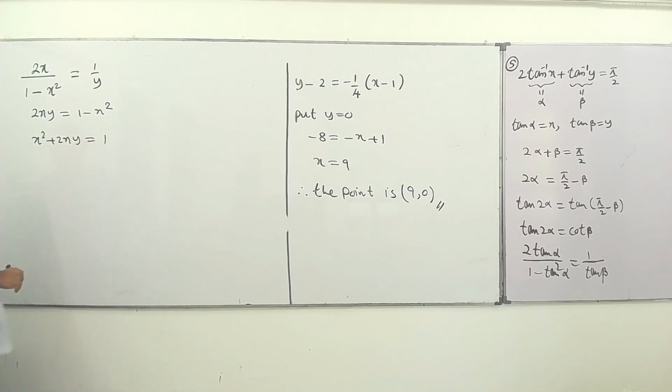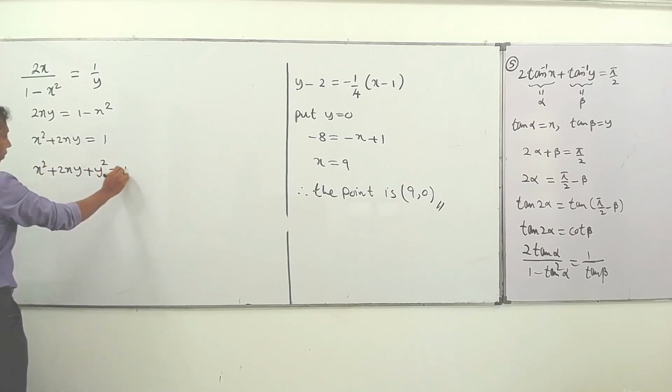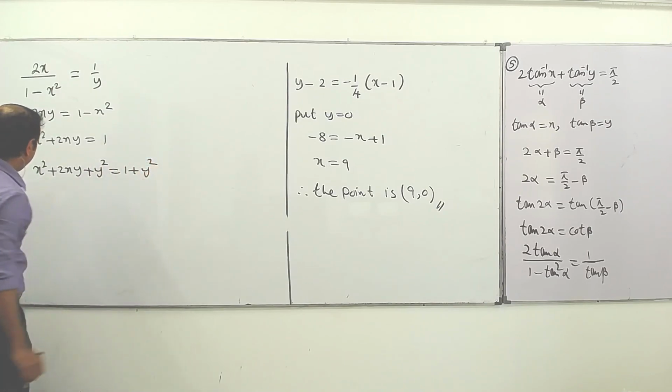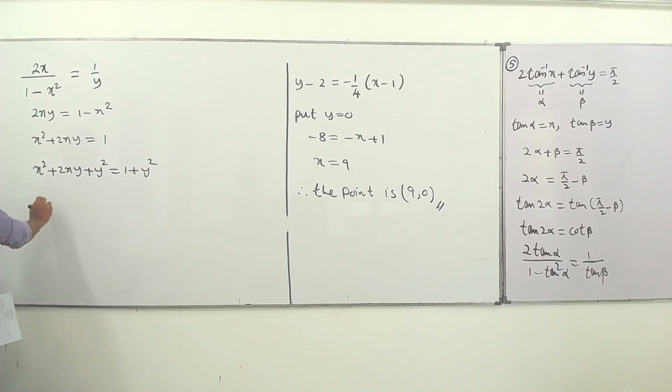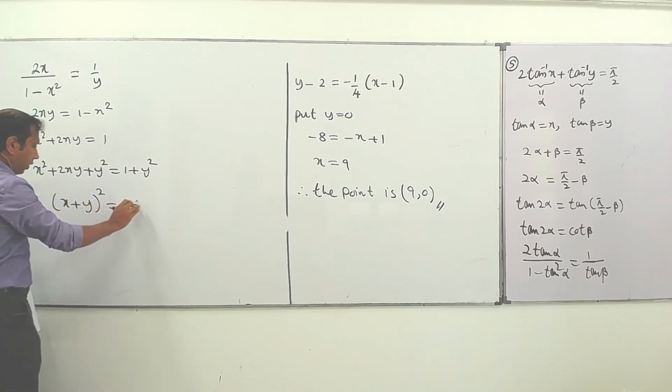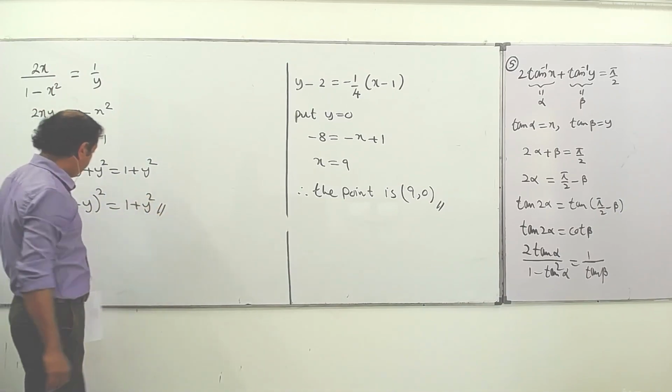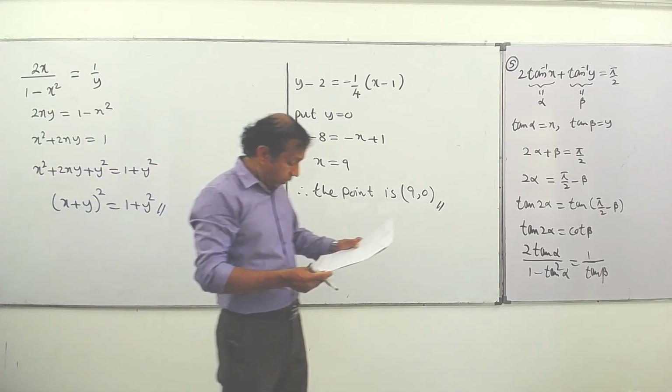Now we'll add y squared to both sides: x squared plus 2xy plus y squared equals 1 plus y squared. I added y squared to both sides, right? Now the left hand side is (x plus y) perfect square, and the right hand side is 1 plus y squared. That we get.